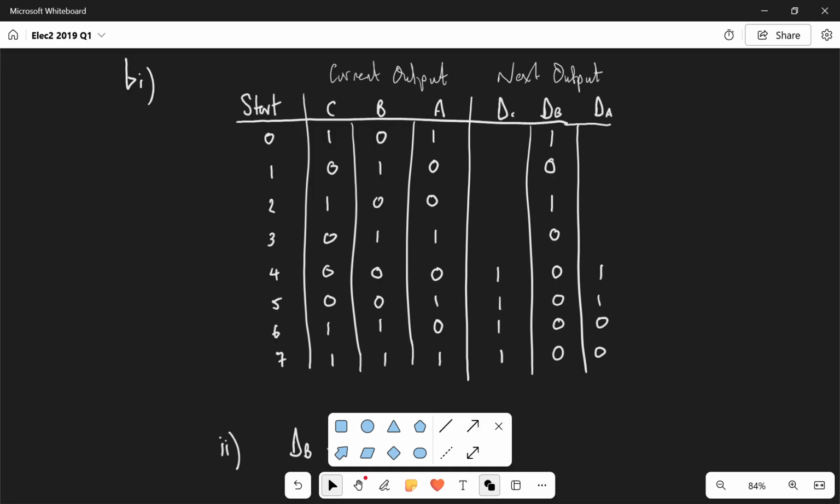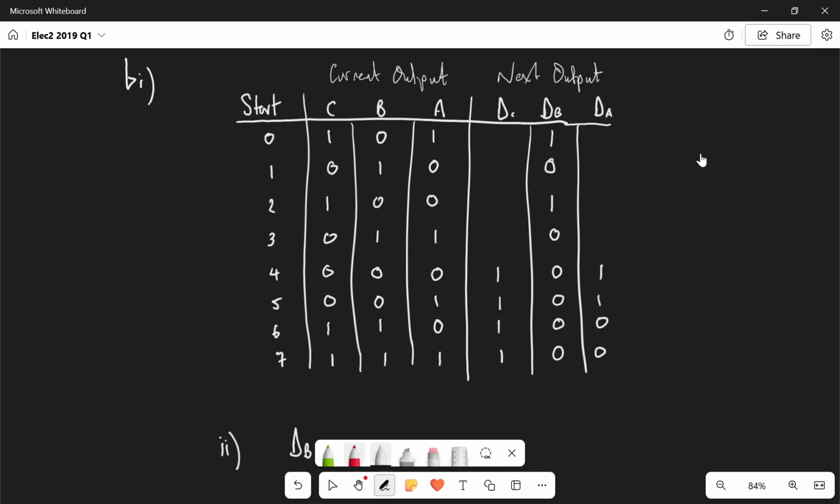So the next output of state 0 becomes the new current output of state 1, and we should be able to progress backwards. The current output of state 1 was the next output of state 0, so we can put a 0, 1, 0 here.